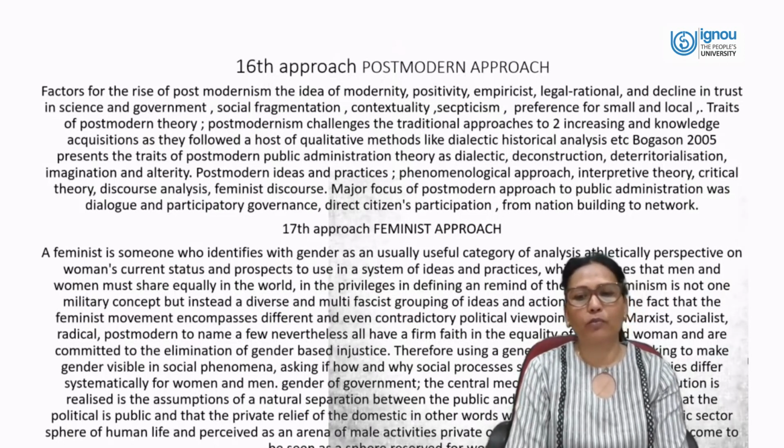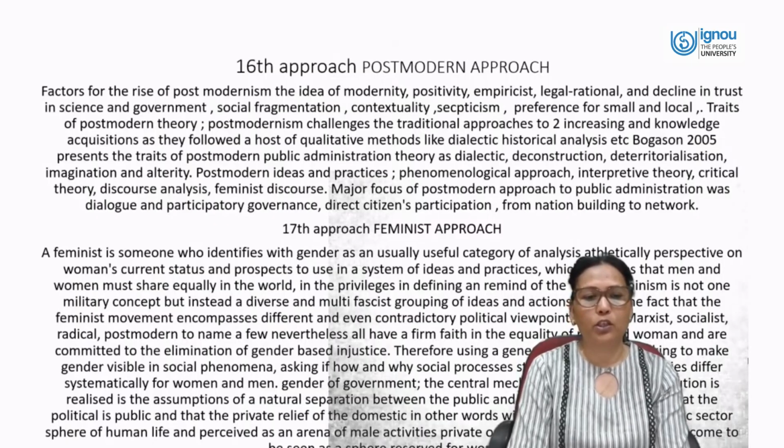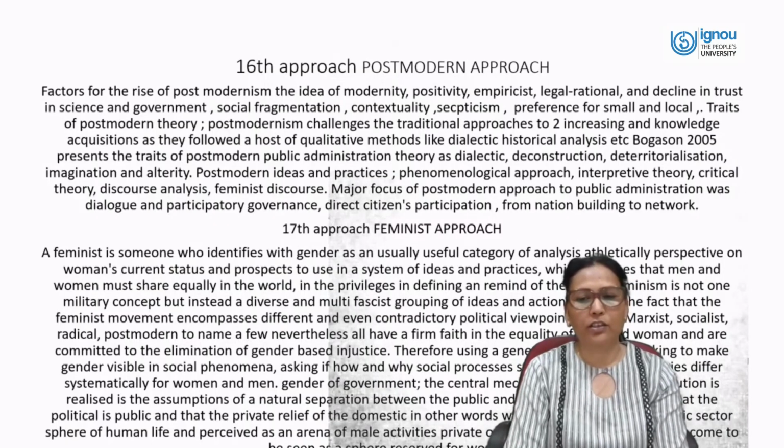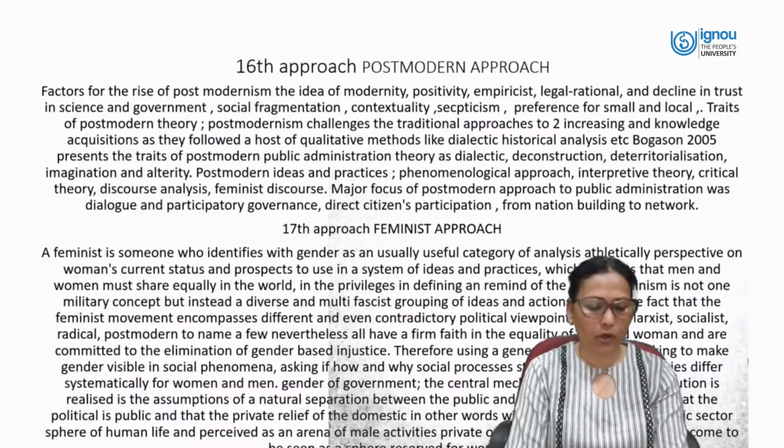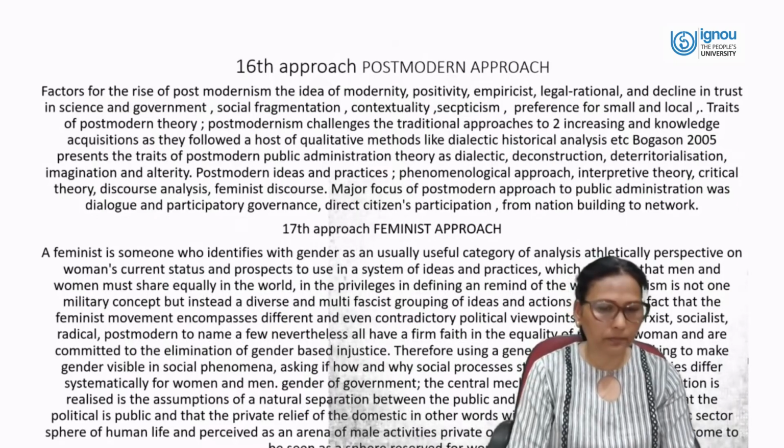The major focus of the postmodern approach to public administration was dialogue and participatory governing, direct citizens' participation, from nation building to network. That was the main focus of the postmodern approach.